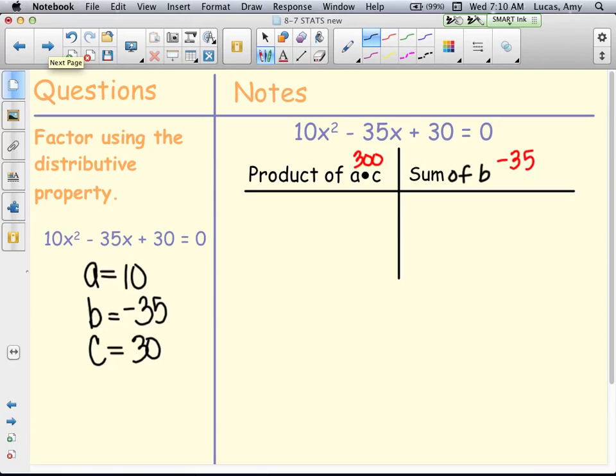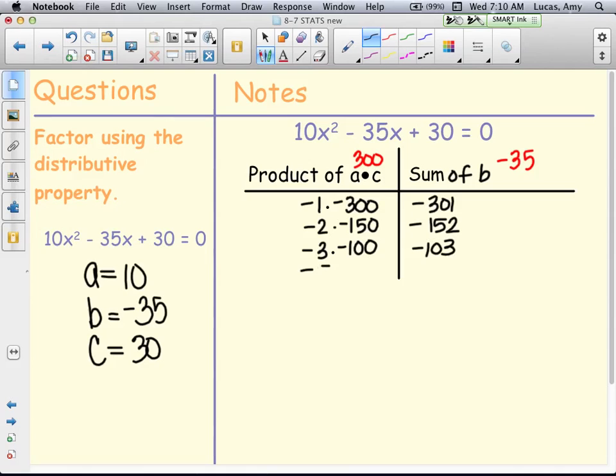So that means both of my terms need to be negative. So negative 1 times negative 300 would be positive 300. If I add them, I get negative 301. Negative 2 times negative 150, that would be negative 152. Negative 3 times negative 100, that would be negative 103.